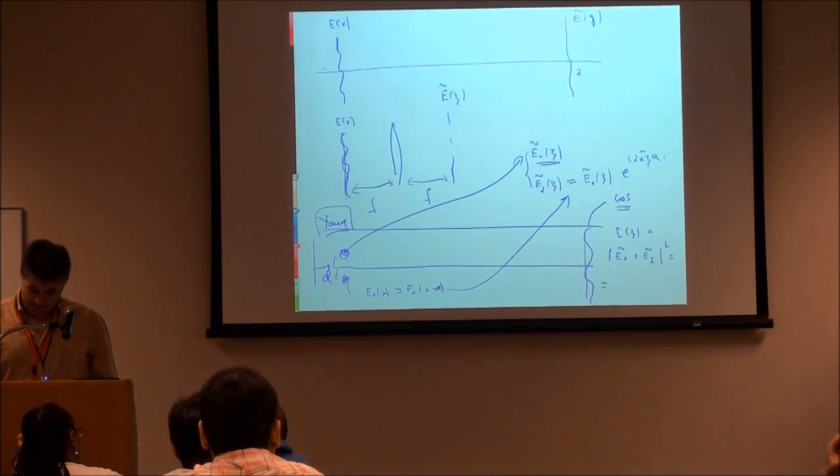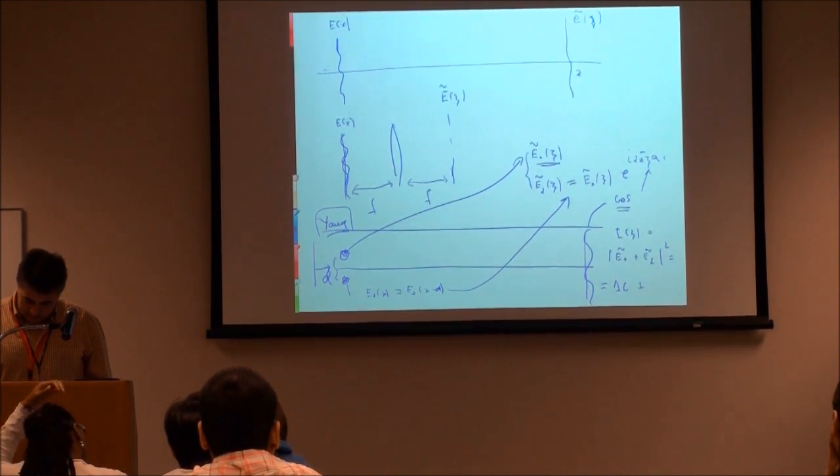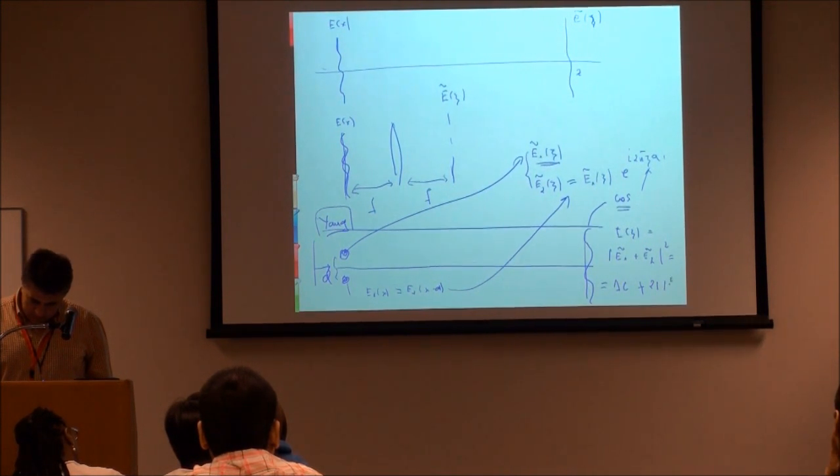You see it? So it will be the modulus squared of this plus the modulus squared of this plus 2 times this cosine of this. So it will be something like some DC term that we don't care about, plus 2 times something times cosine of 2 pi psi a.